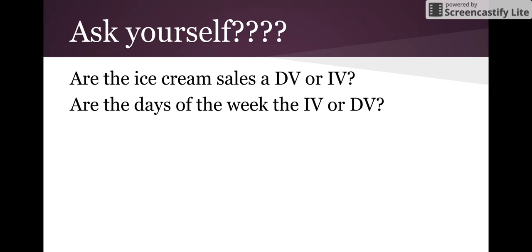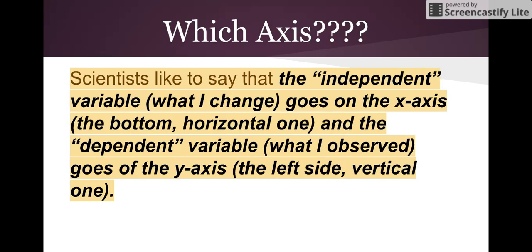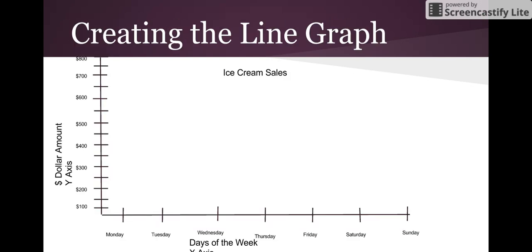So, students, we've been waiting all this time, Mr. Goodwin, to see the results. Creating the line graph. We're creating a line graph of the ice cream sales. As you can see, my dollar amount is my dependent variable, which is on my vertical line.